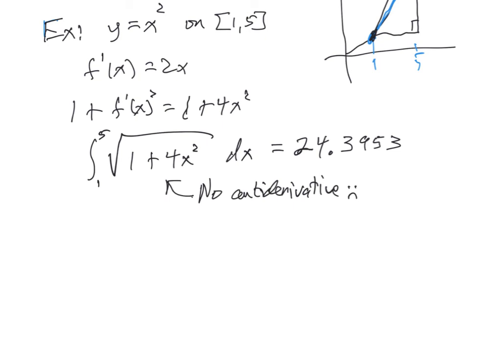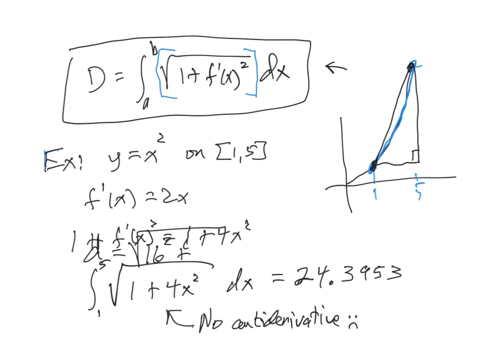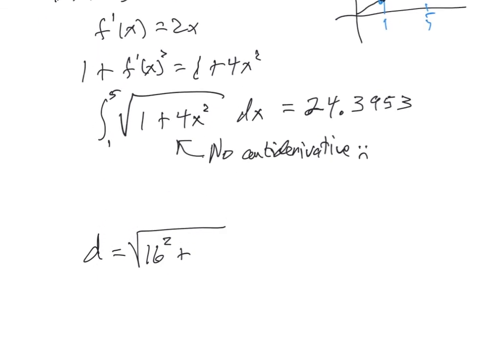So the straight line distance is the square root, we'll call it little d. The length of this leg is 4, so we'll square it. And the length of the other leg, the long leg, so this is the y coordinate 1 here, and this is y coordinate 25. So the length of that leg is 24. So we'll plug it in and square it.